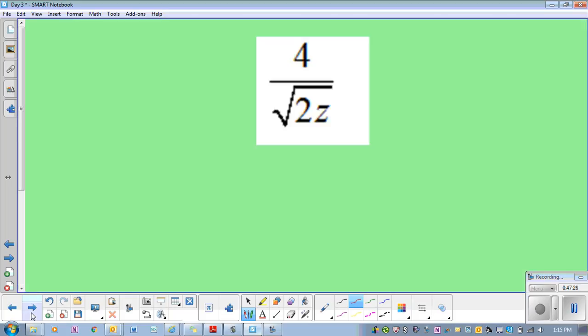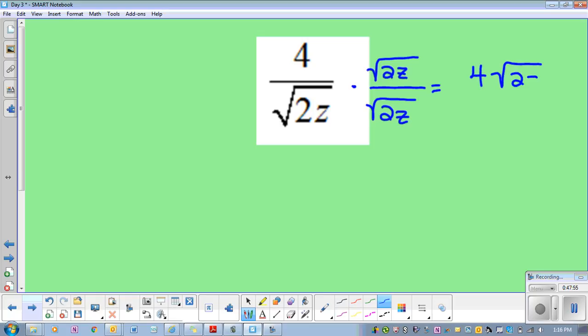Okay, this guy. All right, so this one. I have a square root in the denominator, so no. I need to multiply it by what? Yes, square root of 2z over square root of 2z. And that gives me 4 times the square root of 2z over 2z.